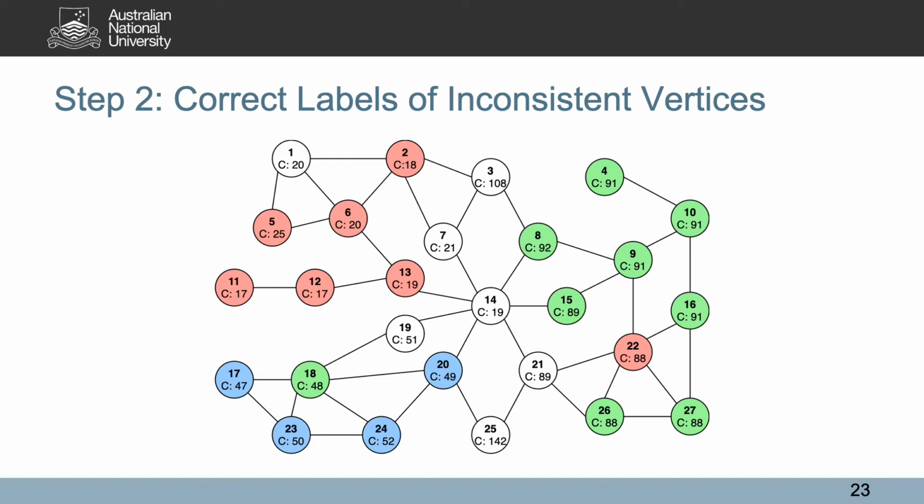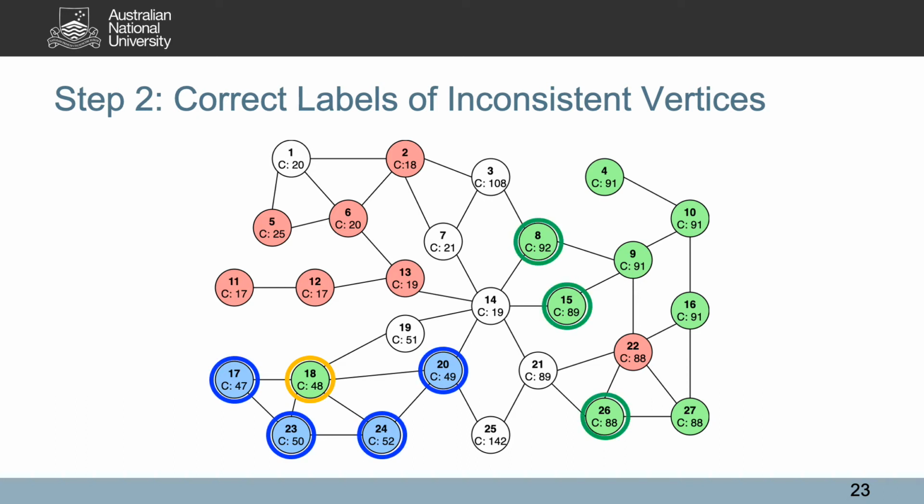For example, consider vertex 18. It connects to 4 blue vertices and 3 green vertices. We can see that the 4 blue vertices are located closer than the 3 green vertices. We can see that it is more probable to push labels from the blue vertices than from the green vertices to vertex 18, as the blue vertices are located closer than the green vertices.